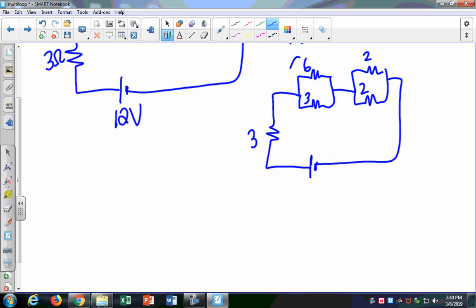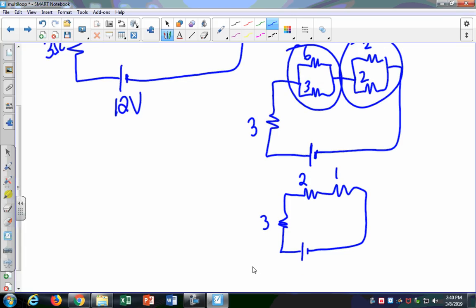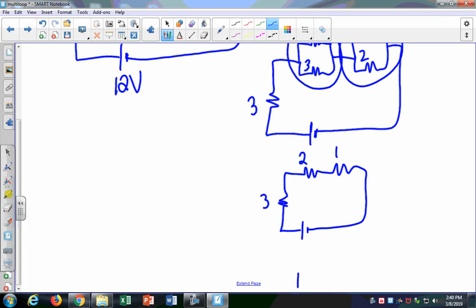Then I can do these 2 branches of circuits. There's my 3, and then those 2 will become new resistors. A 6 and 3 in parallel is 2, and a 2 and 2 in parallel is 1. So now I have a 1, 2, and 3, and so the equivalent resistance is 6 ohms.